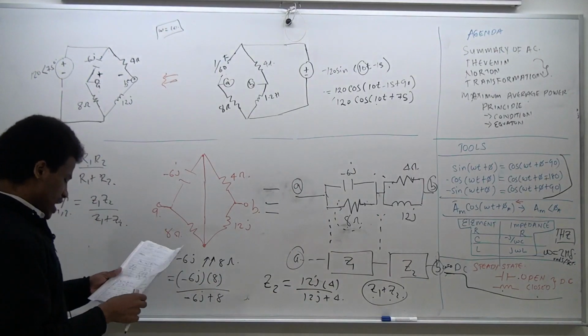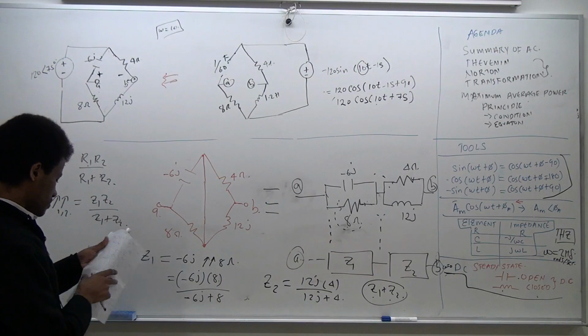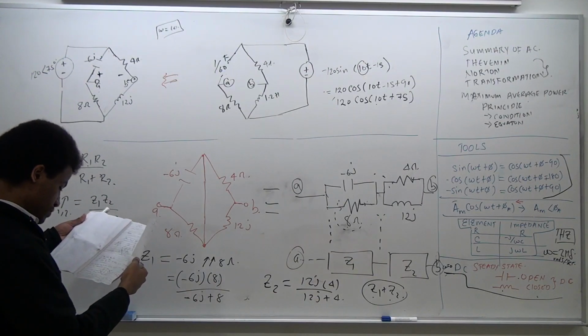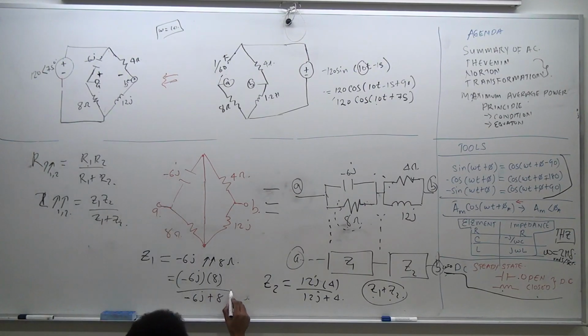You're going to get, I believe, a value of... so Z1, first of all, this guy I believe is going to be equal to 2.88 minus 3.84j.